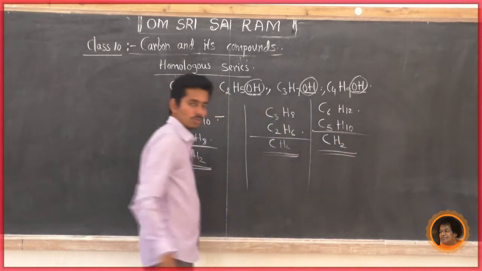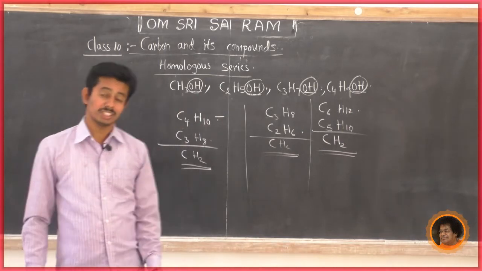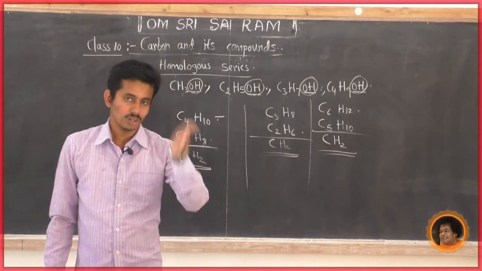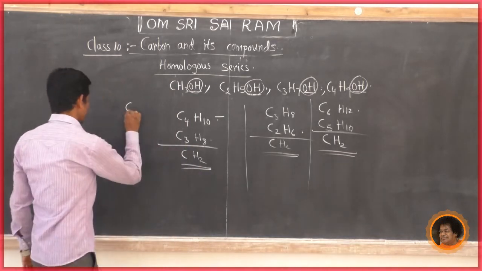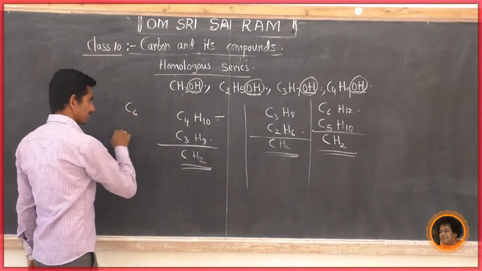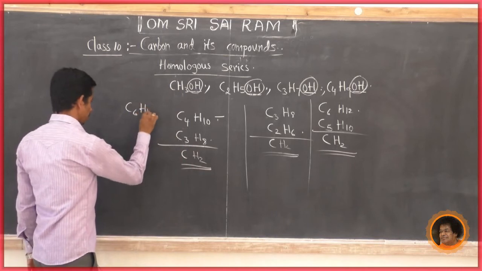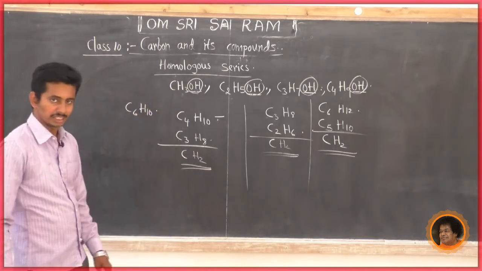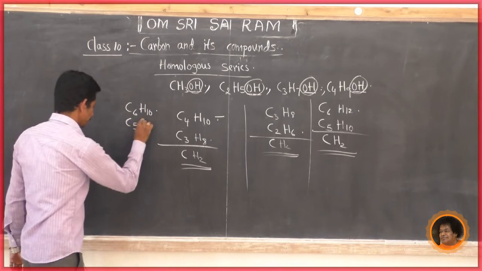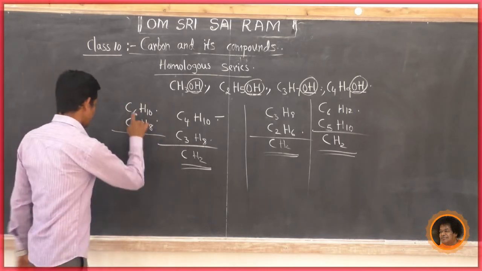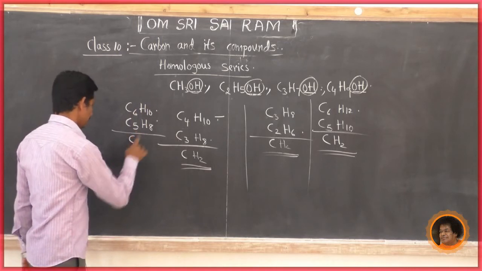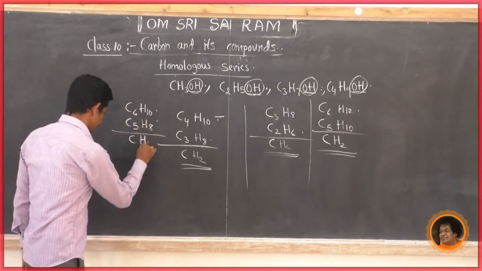What is the difference between two members in a sequence of alkanes, alkenes or alkynes? For example, alkynes: C6H10 is an alkyne, and C5H8 is the previous alkyne in the sequence. The difference: 6 minus 5 is 1 C, and 10 minus 8 is 2.